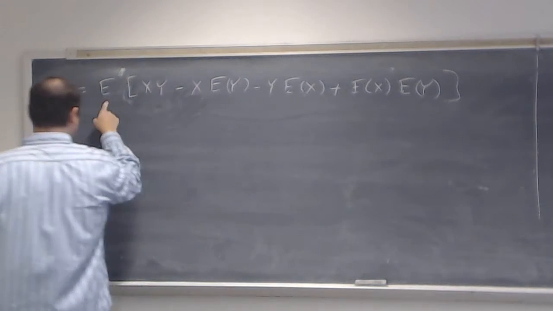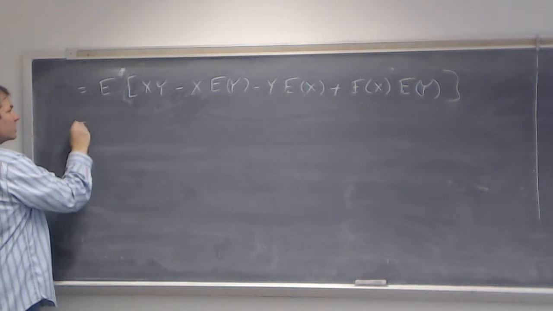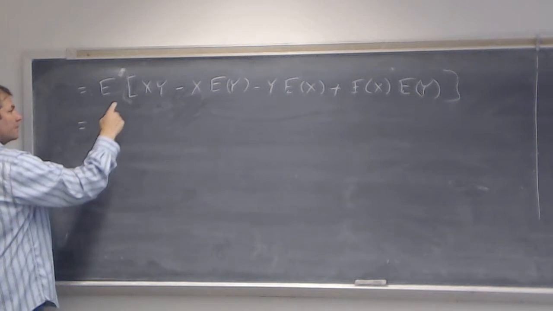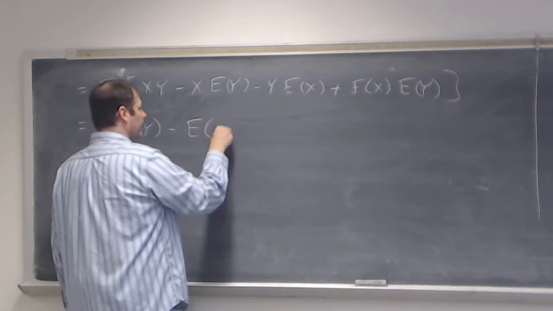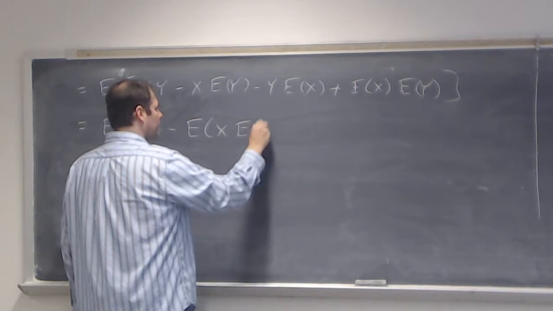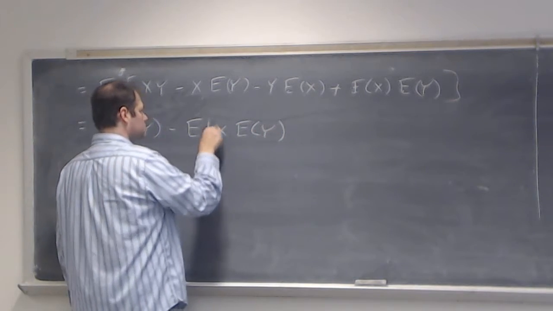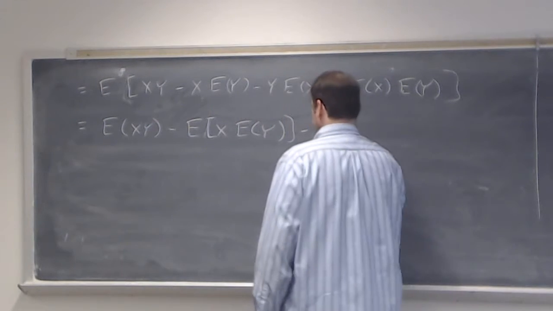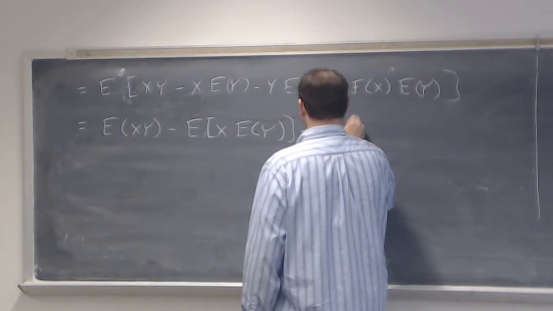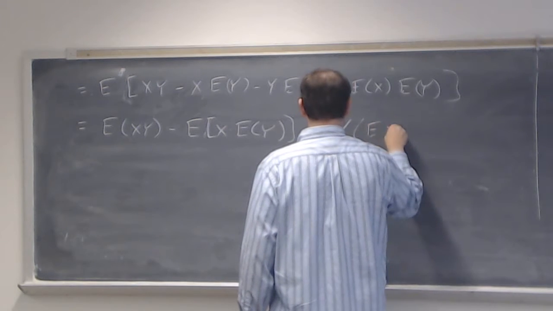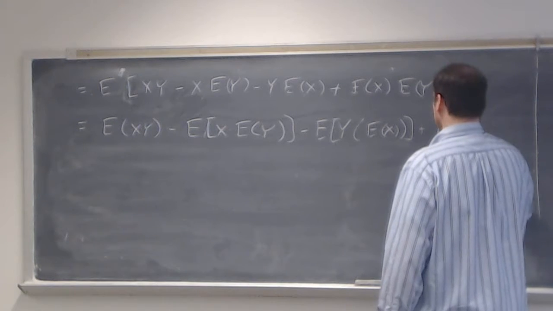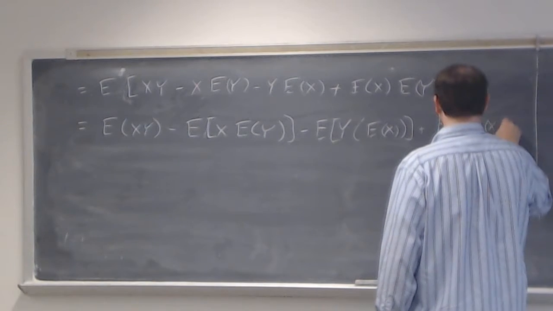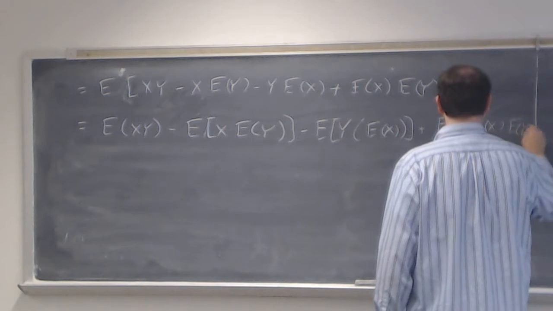And so whether you're taking the double sum or double integral, what you can show is that this is equal to the expected value of x times y minus the expected value of x times the expected value of y, minus the expected value of y times the expected value of x, and then plus the expected value of the multiplication of the expected value of x times the expected value of y.